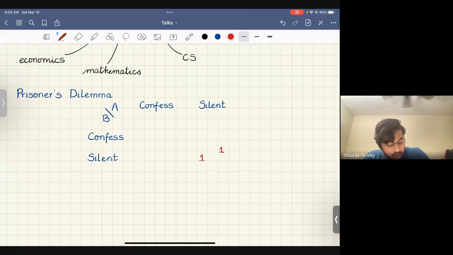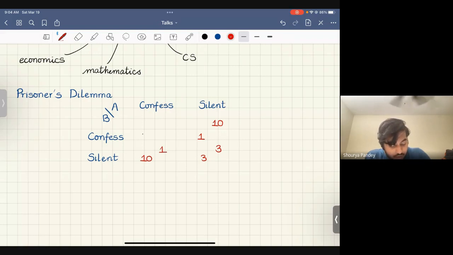But let's say if A is silent but B confesses, then, actually, let me just make this 3, just full. If B confesses and A doesn't confess, then B only gets 1 year in jail while A gets 10 years in jail. And if A confesses while B remains silent, then B gets 10 years in jail, and A gets only a year in jail.